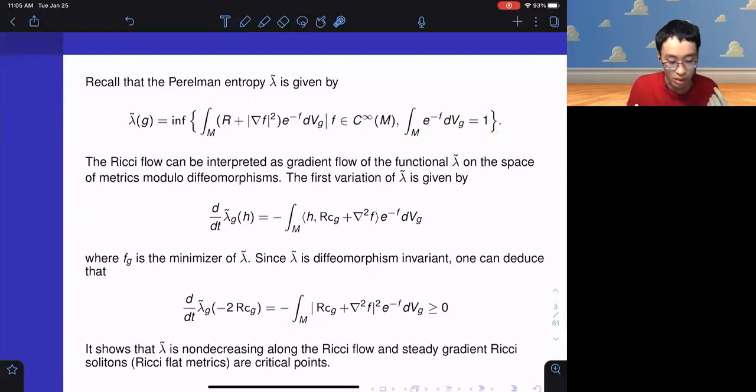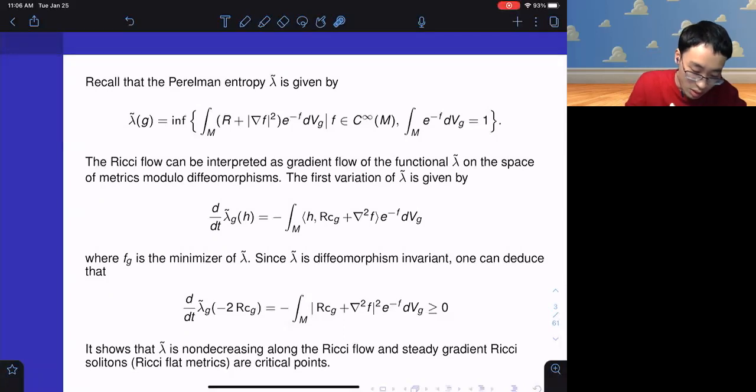And Perelman showed that the Ricci flow can be interpreted as a gradient flow of the functional lambda tilde on the space of metrics modulo diffeomorphism. And what he did is he computed the first variation.